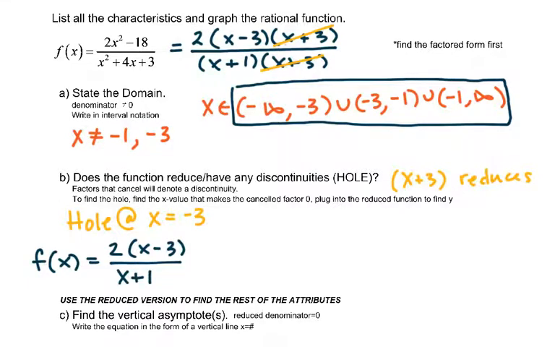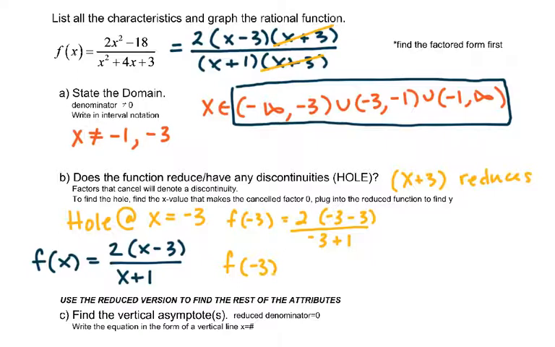So I can't plug -3 into the original function to find the ordered pair for my hole because it would give me 0 in the denominator. So what I'm going to do is I'll plug it in here. f of -3 is 2 times -3 minus 3 over -3 plus 1. That simplifies.